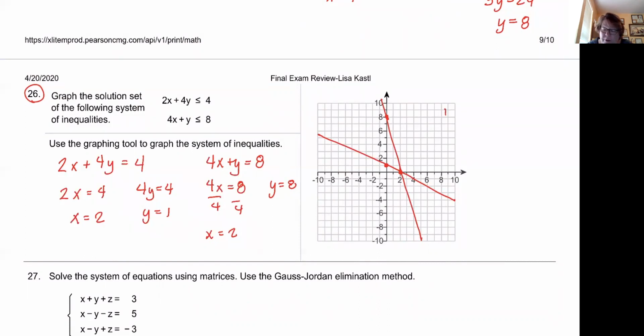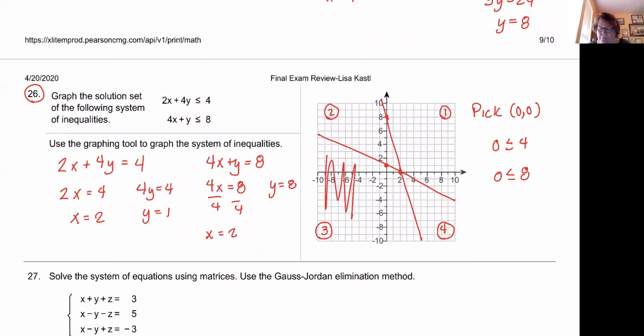So you actually have 4 regions, 1, 2, 3, and 4. One of those 4 regions you're going to shade. So I'm going to pick 0, 0 as my test point. And it is true in both inequalities. If I replace x and y with 0, both inequalities will be true. So I'd take my bucket tool and I would shade region 3.